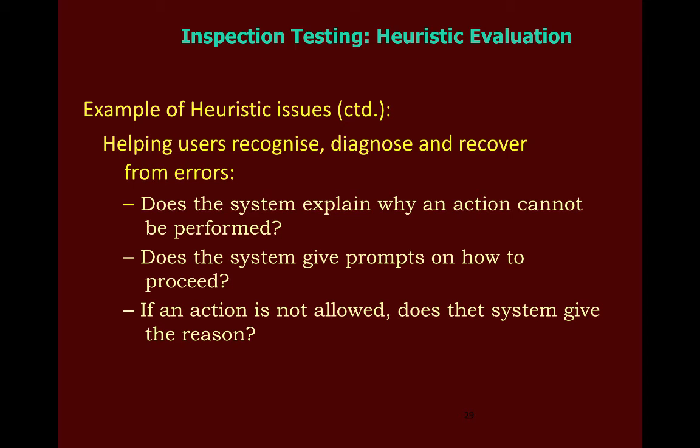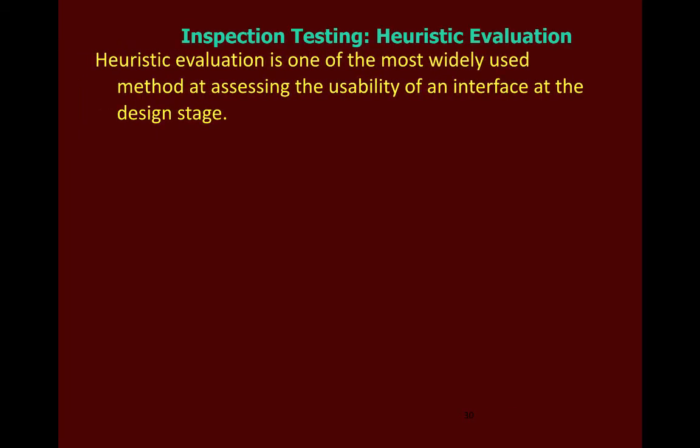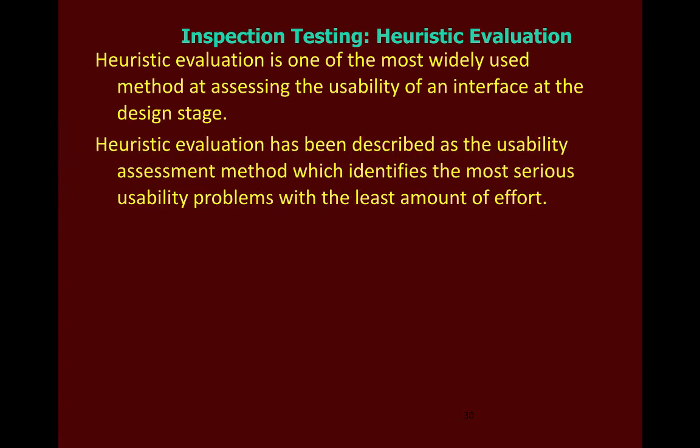Tell the user what would be a more appropriate input, for instance. And if the action is not allowed, tell the user why. There's nothing more frustrating than the user trying to figure out why the system is not accepting certain inputs, for instance, or certain results are not obtained.